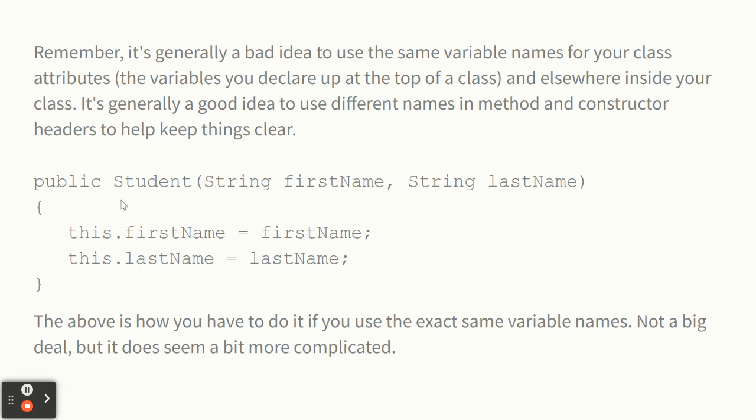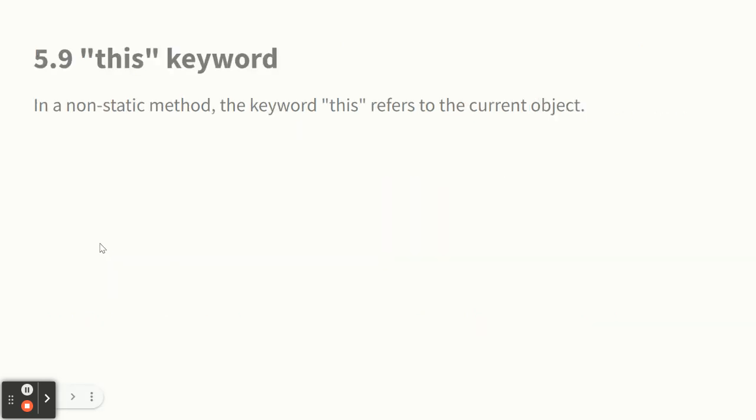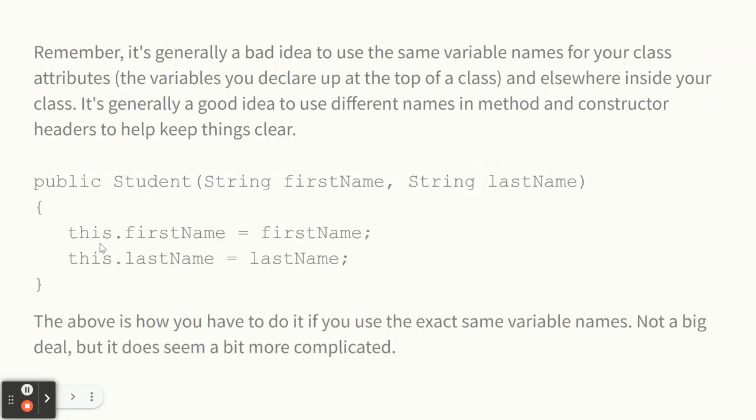So you could use the exact same names in your headers, and if you do that, then when you try to use the attribute, the class variable, what's it called? Instance variable, you have to say this. So if I said this.firstName = firstName, the first one's referring to the instance variable, and the second one's referring to the local variable that's part of the header.